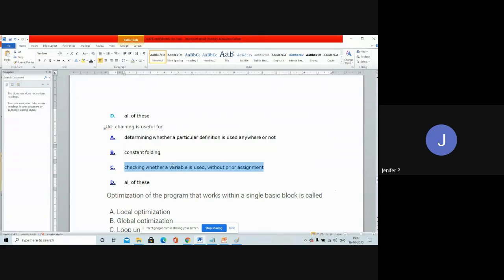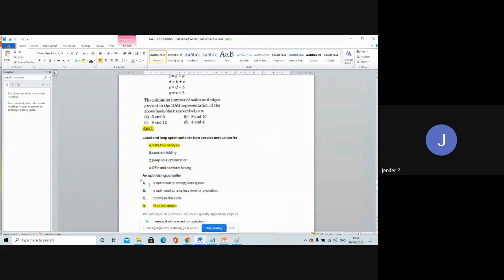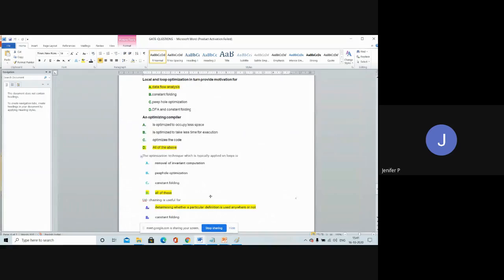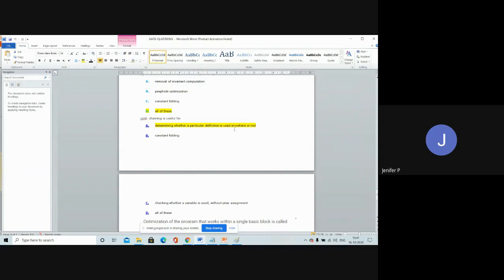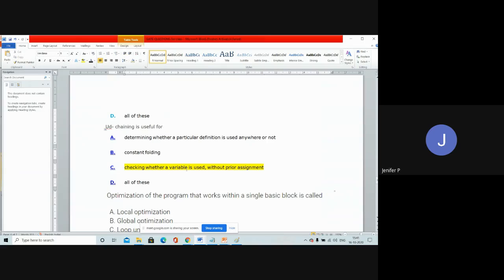The UD chain starts with the use, and from the use the definition comes. So your answer will be checking whether a variable is used without prior assignment. Let's check. Sorry, your answer is determining whether a particular definition is used anywhere or not.